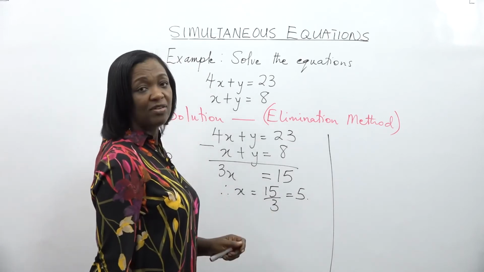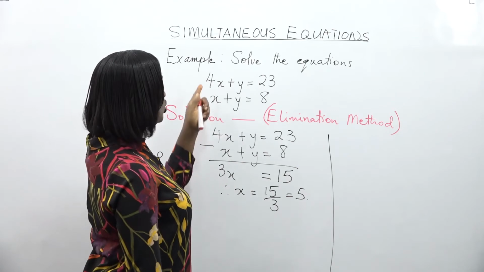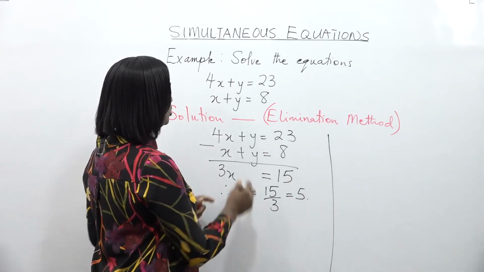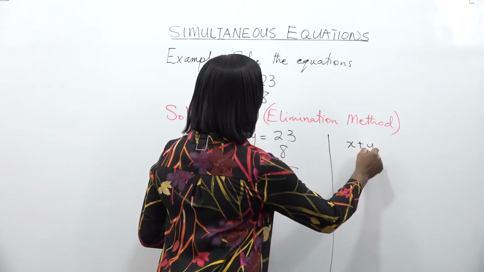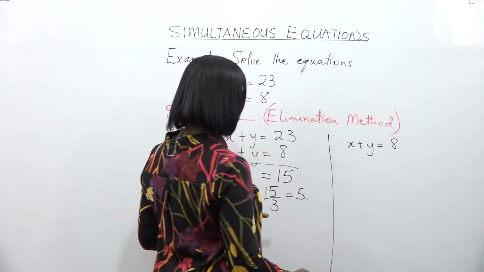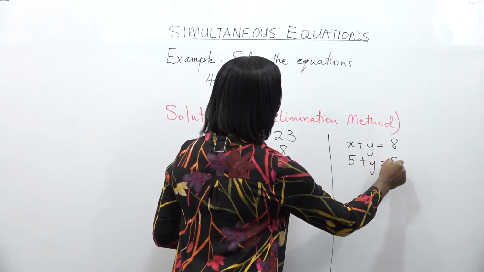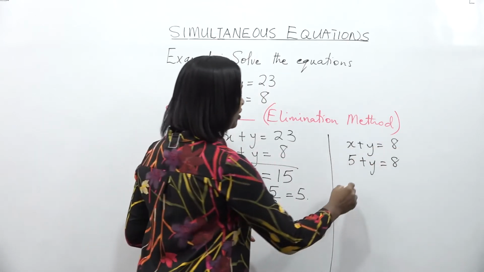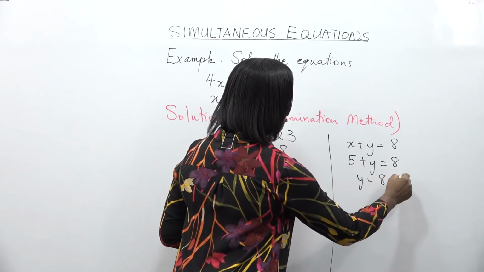If x is 5, we substitute x equal to 5 in any of the equations. And I choose to do that to equation 2. x plus y is equal to 8. So 5 plus y is equal to 8. That implies that y is equal to 8 minus 5.